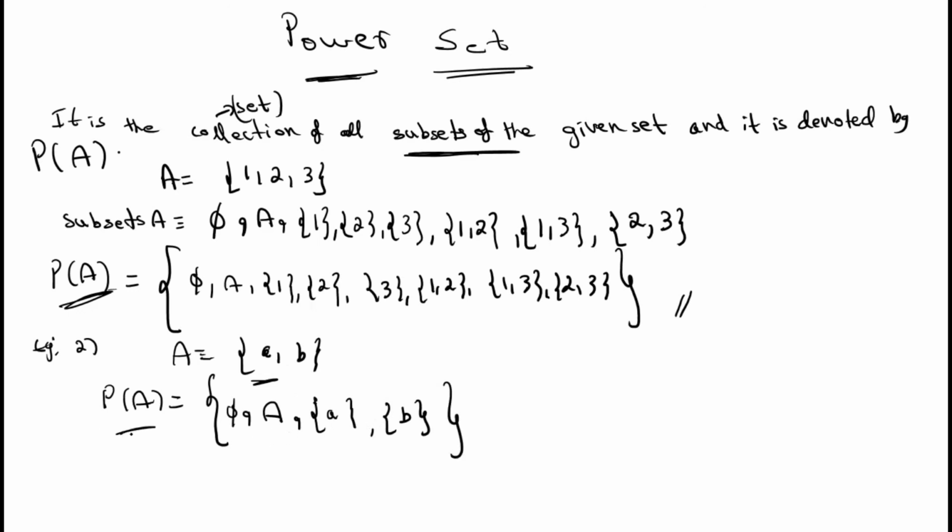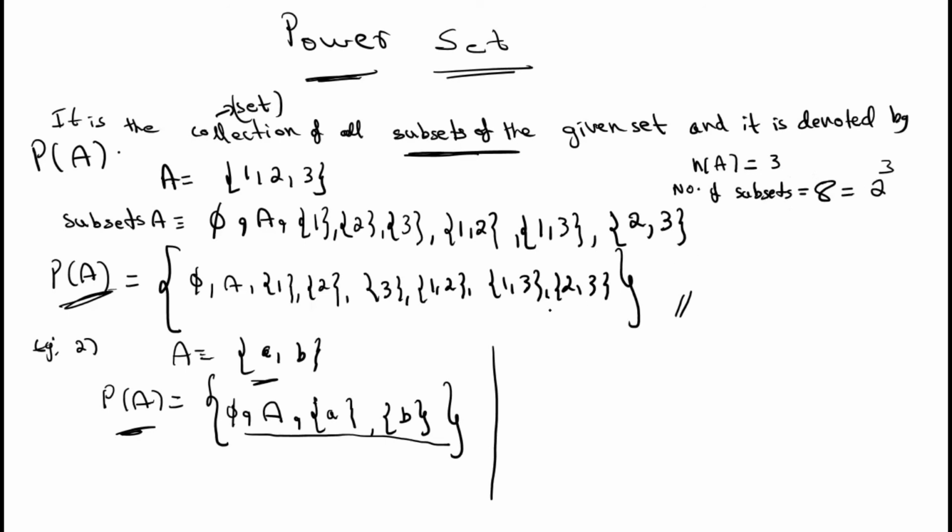Now, what are the elements of the power set P of A? All these are subsets of the given set A. So the collection of all subsets, or the set of all subsets of the given set A, we call the power set of A. In the first example, n of A is equal to 3. What's the number of subsets? 8 subsets are there. How do you calculate it? It's 2 to the power 3.